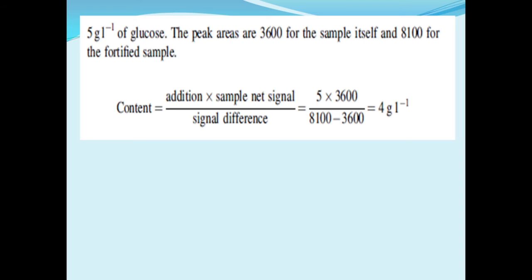The choice of a suitable internal standard may not be easy. It must be a pure, clearly defined compound with similar properties with respect to sample preparation, chromatographic separation and detection to the compounds of interest.